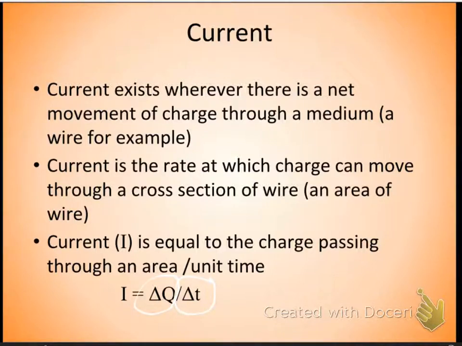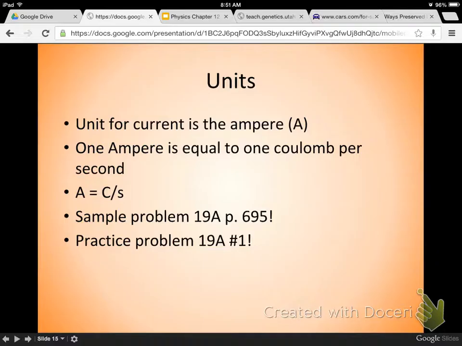And what is the unit for current? Remember this from your video yesterday? I is the symbol, but what's the unit? It's the amp. Yes. Good, you can read your notes. I'm impressed. Very clever. Okay.